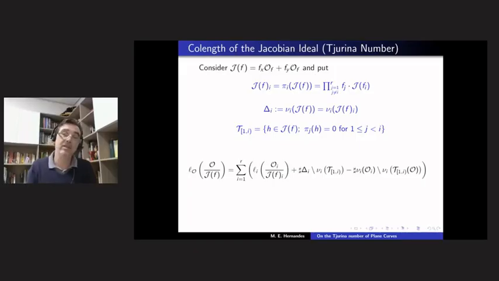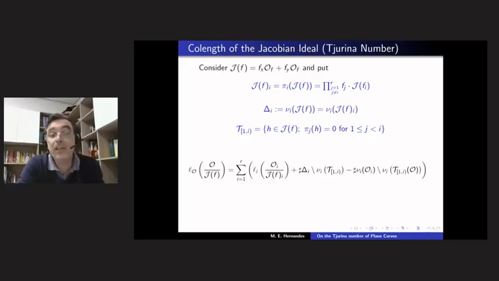compute the Tjurina number. So denote by GF the extended Jacobian ideal with respect to the local ring OF, and we put JFI to denote the projection of the Jacobian ideal in the I component.